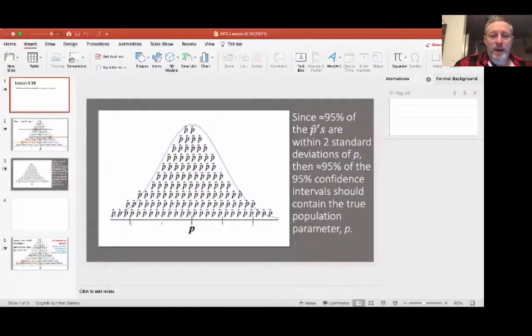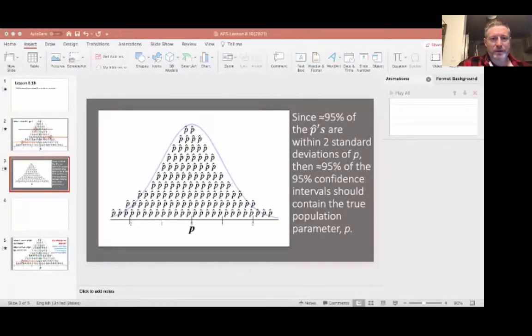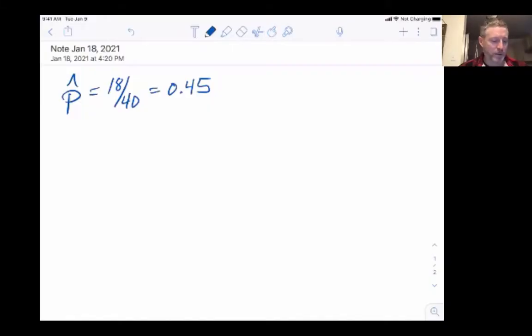So now let me go back and show the nuts and bolts, the things that you would have to do as a student, top to bottom. If you got a 45% p hat, then we are ready to build a confidence interval.